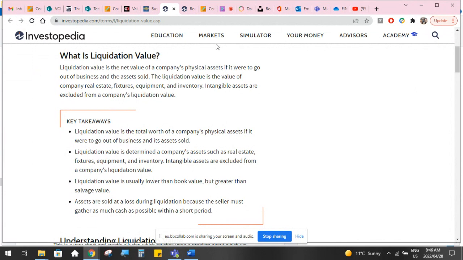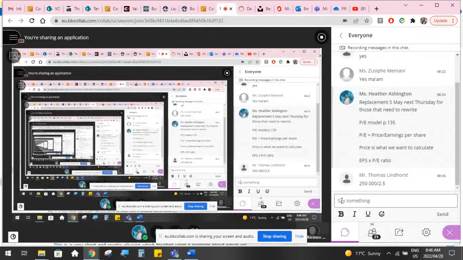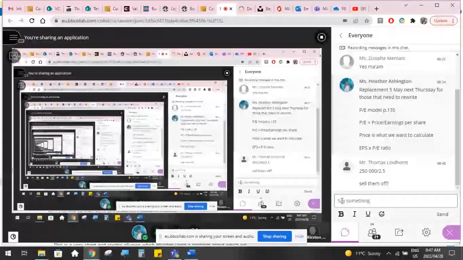So what do you think liquidation means? If I'm going to liquidate all of my assets and liabilities, what am I going to do? Yes, we're going to actually sell them off.